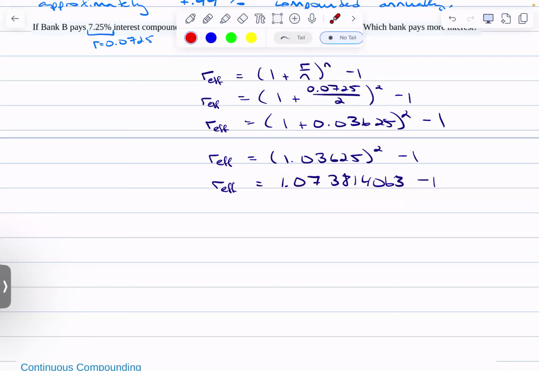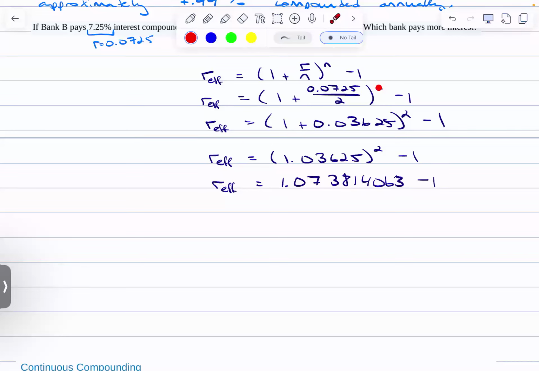Now question: do we have to do the 1 plus the R over n if we are minusing, so taking the 1 away at the end? Could they not technically cancel out? Because it's to the power of 2, we can't take the minus 1 inside the brackets.